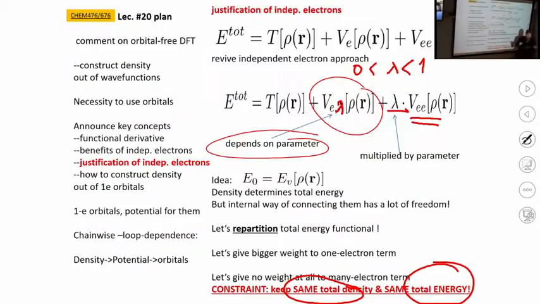It should be some specific formula that will equivalently replace the electron repulsion. So we repartition the total energy function in such a way that we keep the total density and keep the same total energy.